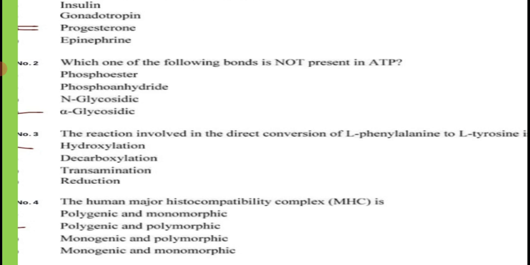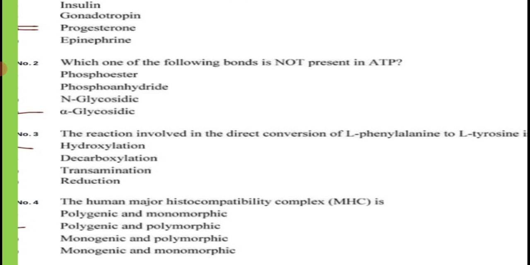Then the next question: the human major histocompatibility complex, or MHC complex, is polygenic and polymorphic. MHC is polygenic. It contains several different MHC class 1 and MHC class 2 genes, so that every individual possesses a set of MHC molecules with different ranges of peptide binding specificity.